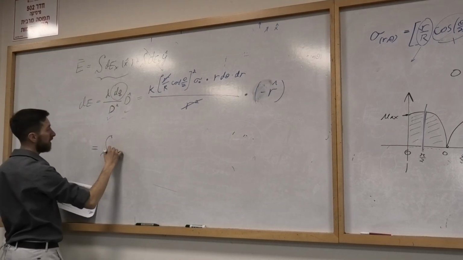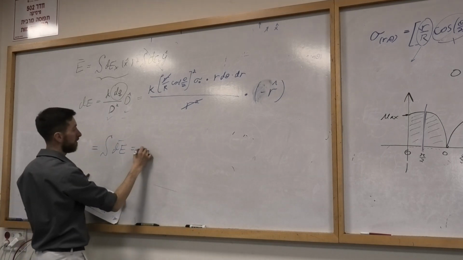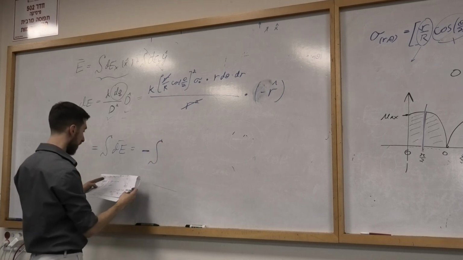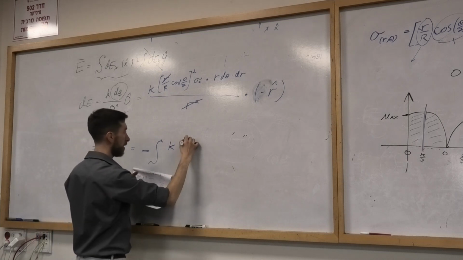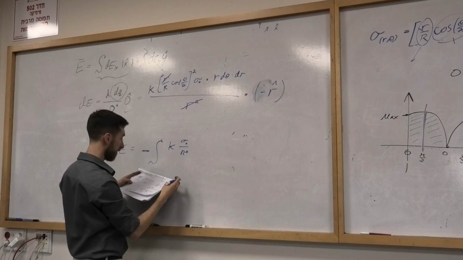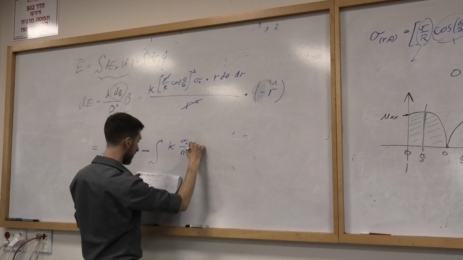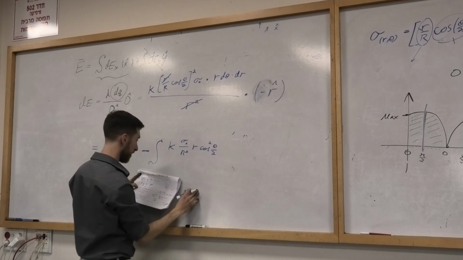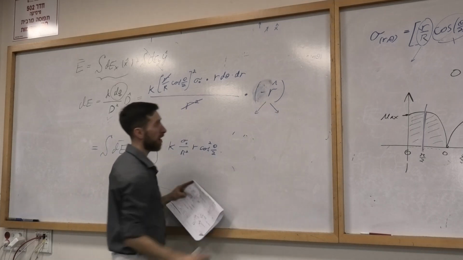So it's the integral of dE, and this is equal to minus here, right? Minus here, integral k, sigma 0 over r squared, with r cosine theta over 2 squared, multiplied by, and now I can open this one, right?